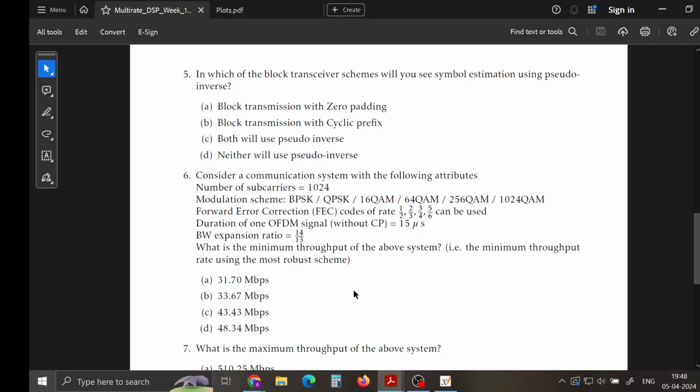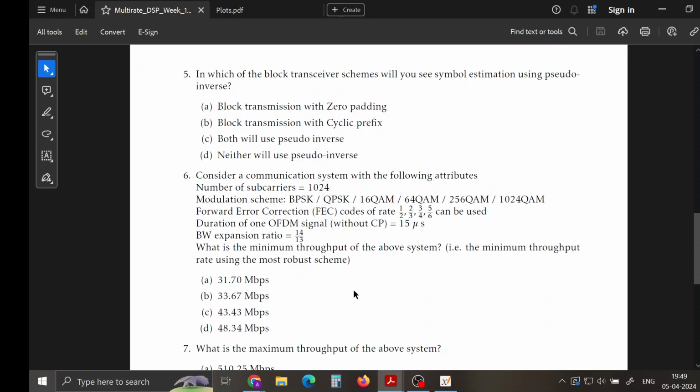And why in this case do we want to look for the most robust scheme? If you recall the basic idea of Shannon's theorem, in a channel, information can be reliably sent with arbitrarily small probability of error at a rate which is less than the capacity of the channel.